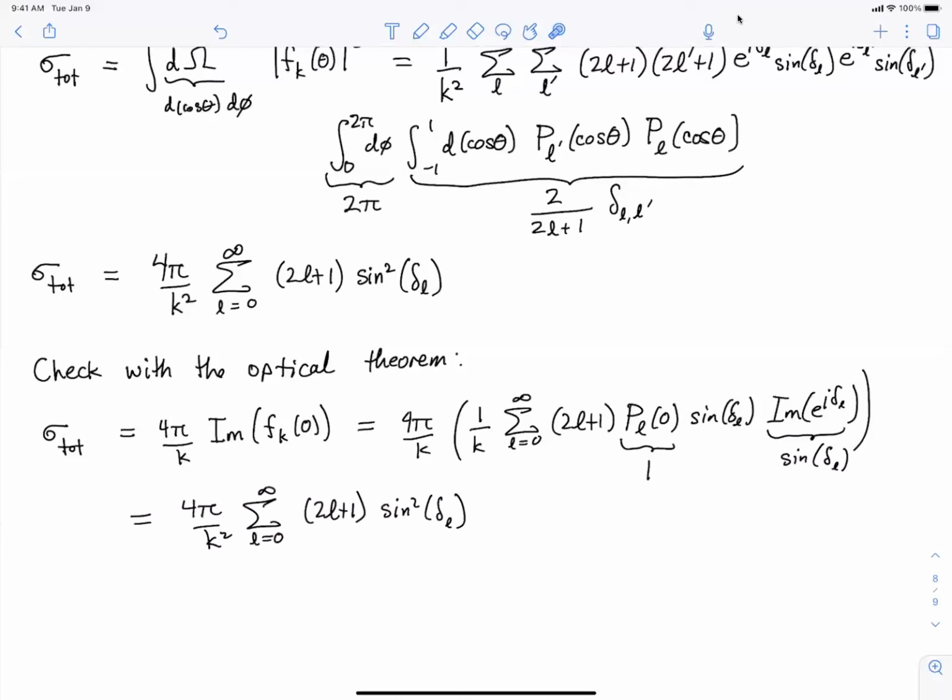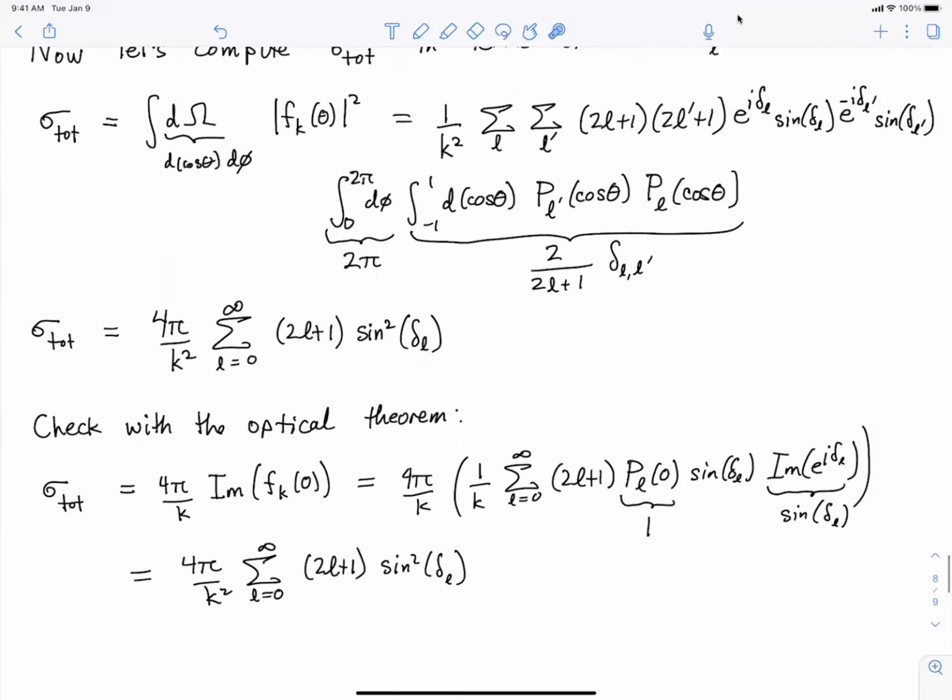That's just checking that the optical theorem is true, or another way of saying it is that the optical theorem is checking for us that everything we've done is at least consistent. And in fact, we could have calculated the total cross-section from this if we trust the optical theorem, rather than this slightly harder thing up here where we had to do a double sum and do an integral and cancel some stuff. But either way, they give the same answer.